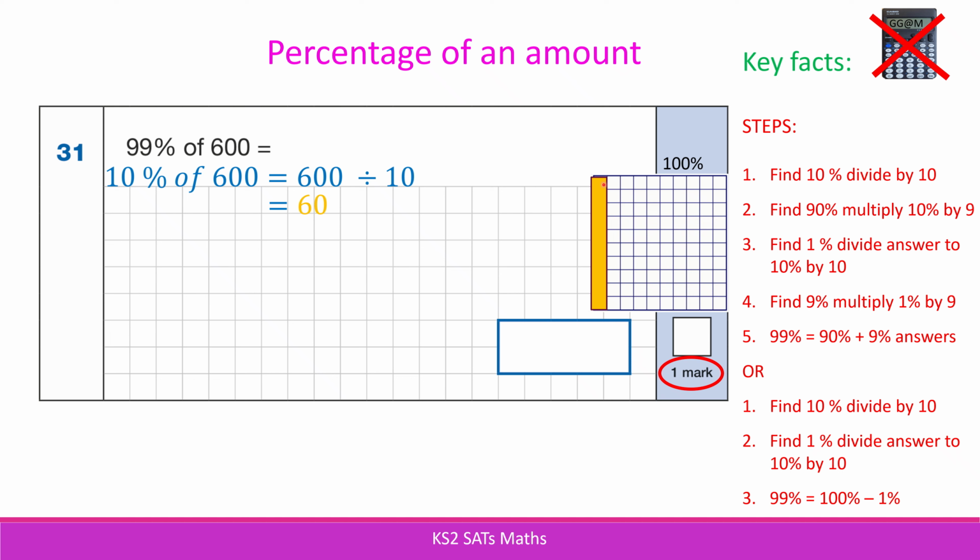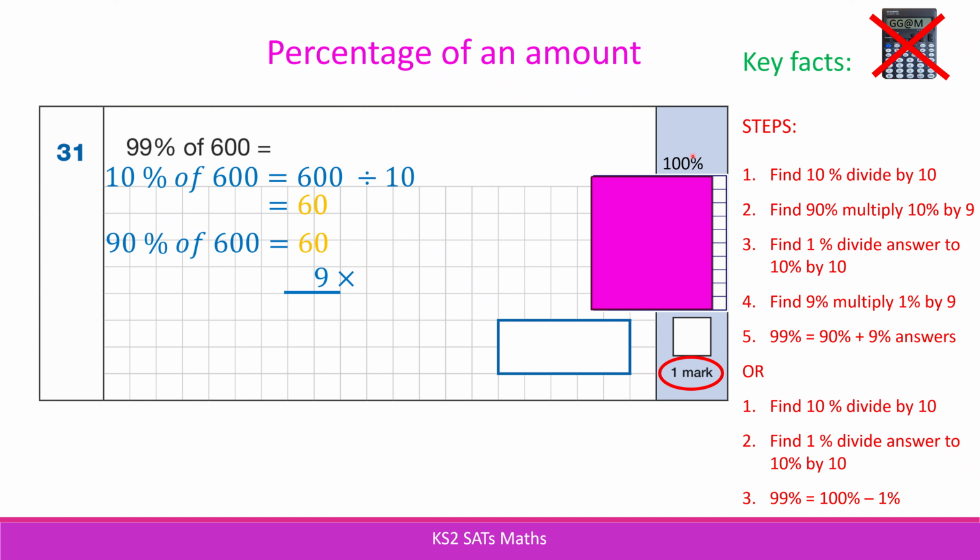So one strip is equivalent to 60, so this little section here is equivalent to 60. Now we want to work out 99%, so we're going to work out 90% next. So if I times my 10% answer, which was 60, by 9, that is going to give me this whole area here. This is 90%. So 9 times 0 is 0. 9 times 6 is 54. So this is equivalent to 540.